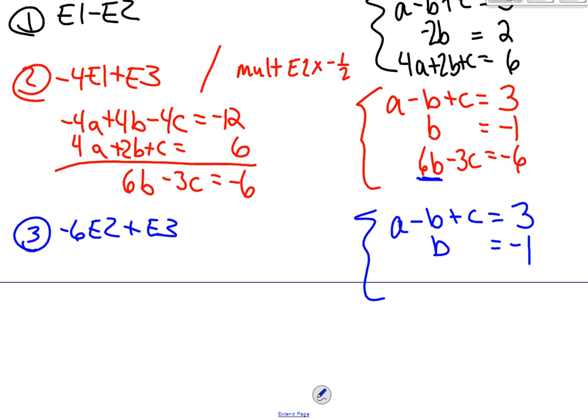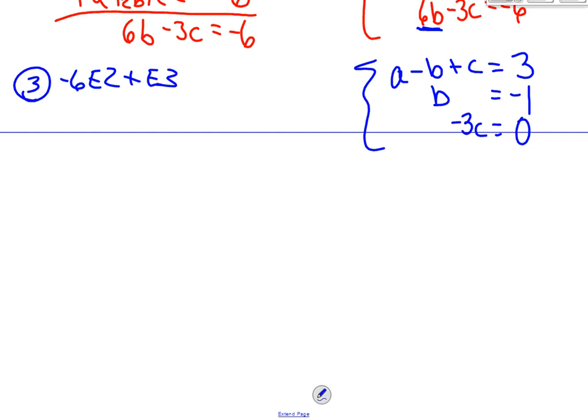And nothing minus 3b is just minus 3b, or minus 3c, excuse me, equals, and then negative 1 in E2 times negative 6 is positive 6, correct? And 6 minus 6 is 0. And now I maybe should have written it over there, because what do I do to get that in row echelon form with that last one? Yeah.